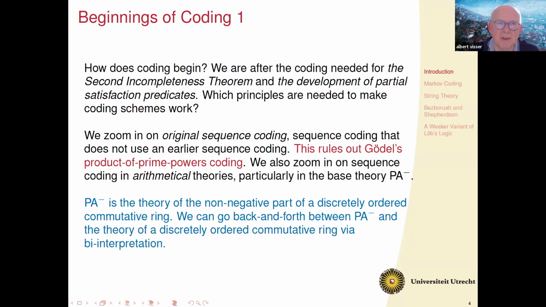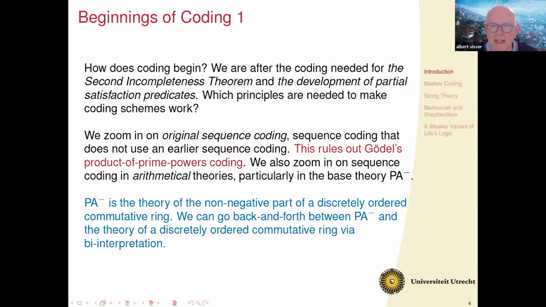Okay, so the main interest here is, in some sense, coding in weak systems. Where do the familiar coding tricks start? With coding, I mean the kind of coding that we all know and love to prove the second incompleteness theorem, but also, and that's a slightly richer idea, the development of partial truth predicates.